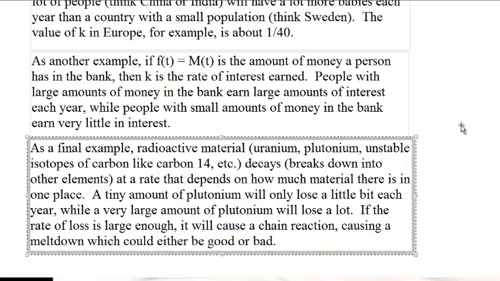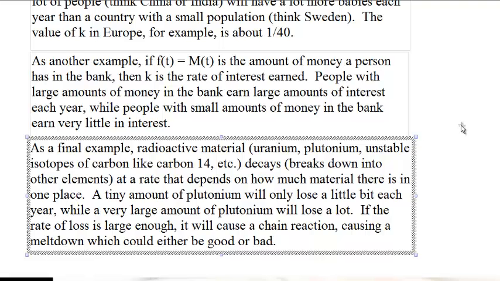As a final example, radioactive material, things like uranium and plutonium and unstable isotopes of, let's say, carbon. Carbon-14 is considered radioactive because over time, these unstable atoms pop and break down. They break down and they spew little pieces around.